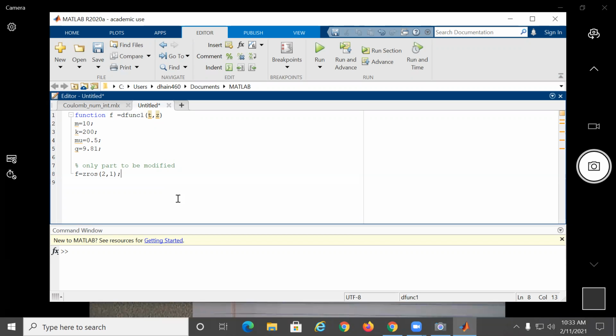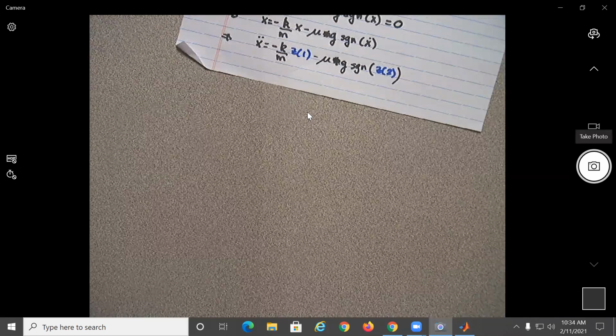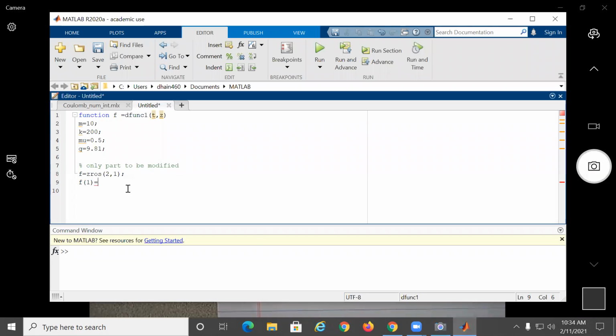Now, basically, the f is our z. So we know that f1 is equal to what? Our z is our f. So the 1 should be equal to z2, no? Yeah, and the second one should be equal to this one. So that's what we do here.